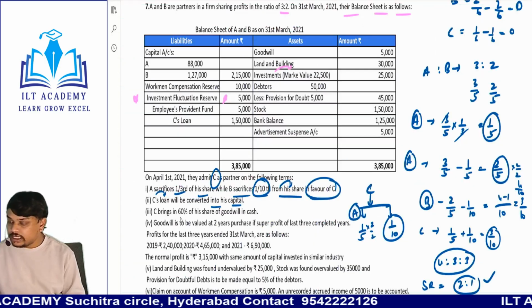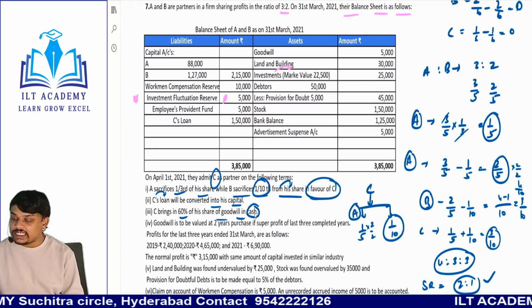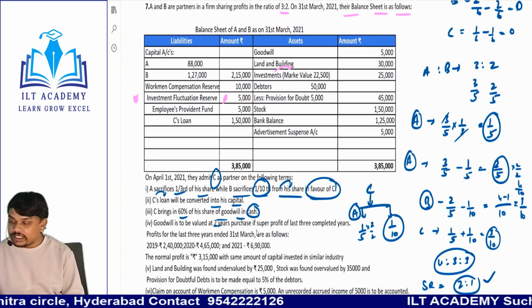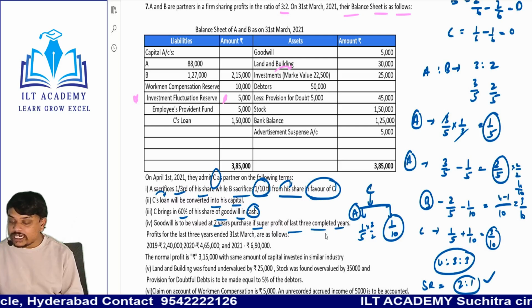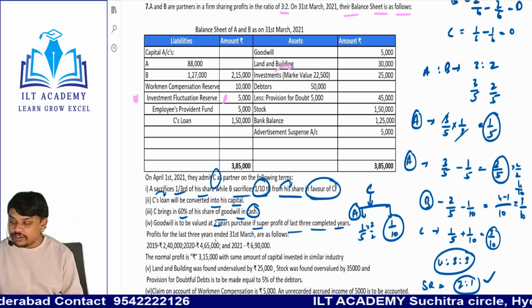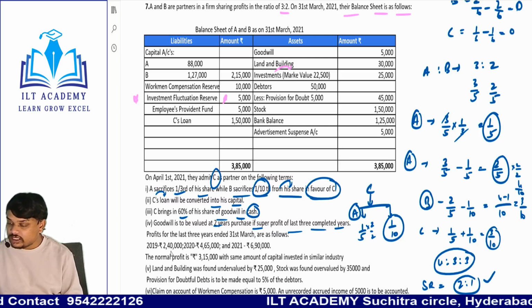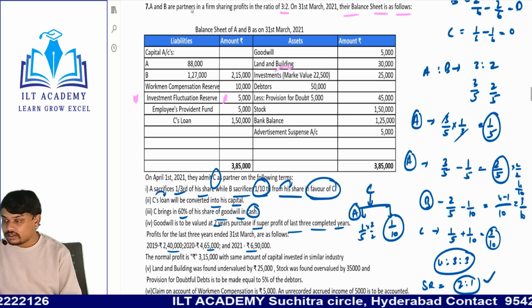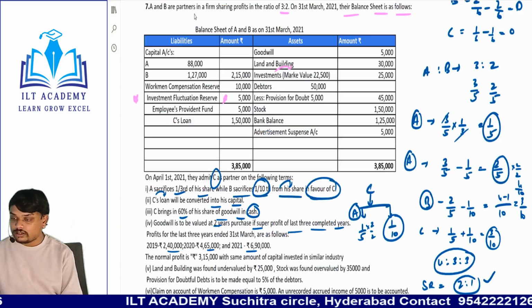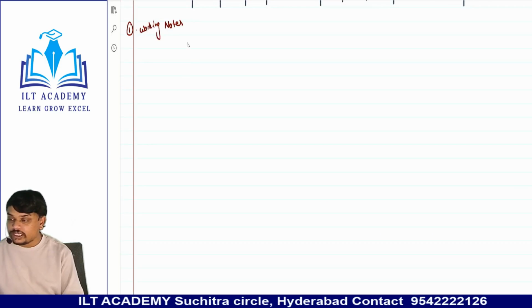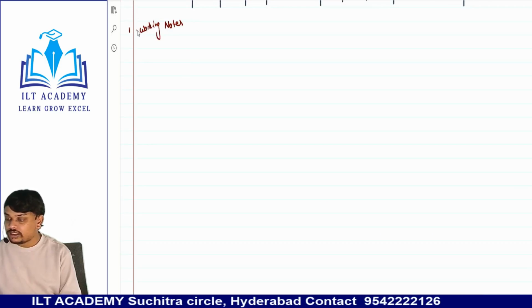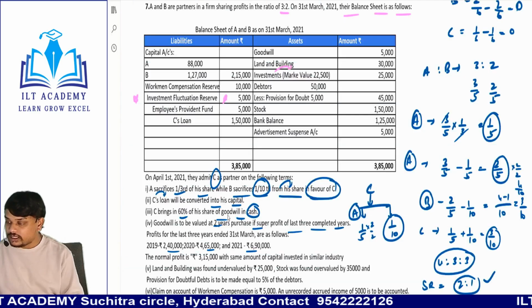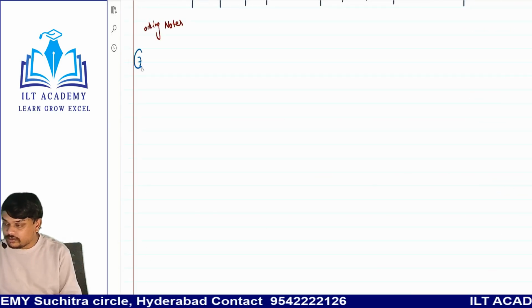Next, C brings 60% of his share of goodwill in cash. Goodwill is to be valued at 2 years' purchase of the super profit of the last 3 completed years. Profits for the last 3 years were as follows: 2,40,000, 4,65,000 and 6,90,000. So here we'll do a little working note.